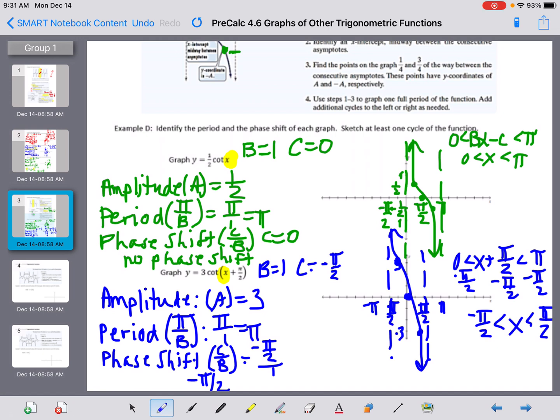So a couple things to note. If I didn't have an equation for this bottom graph, and I first looked at it, would I think that was a tangent or a cotangent curve? And we can say cotangent because it starts up high and goes low.